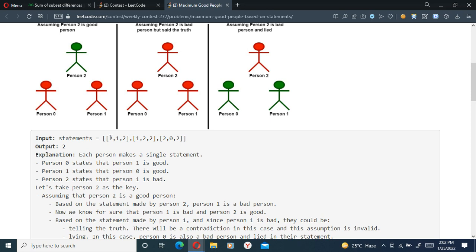Statements of ij. Statements of 0, 0. Each person makes a single statement. Person 0 states that the person 1 is good. Person 1 is good.